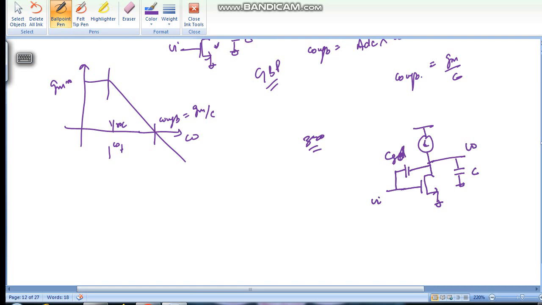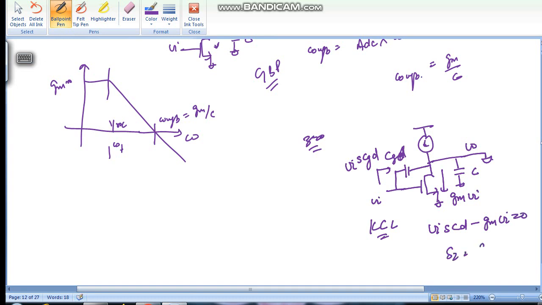Now for the zero, output will go to 0. Here the input current is GM Vi, and from here to here the current will be Vi times S CGD, with output 0. So this is the current from input. If we apply KCL, we get Vi S CGD minus GM Vi, the going away current, equals 0.